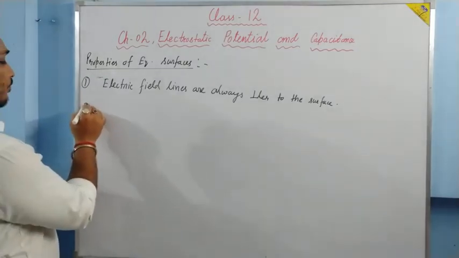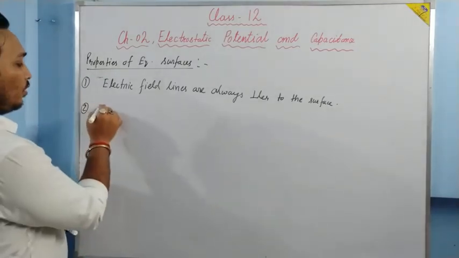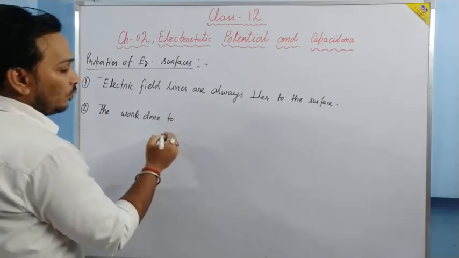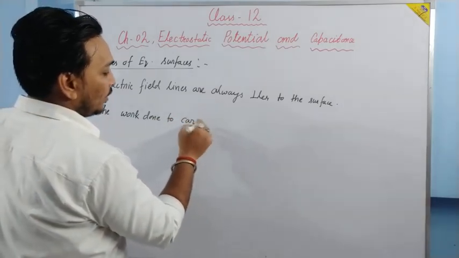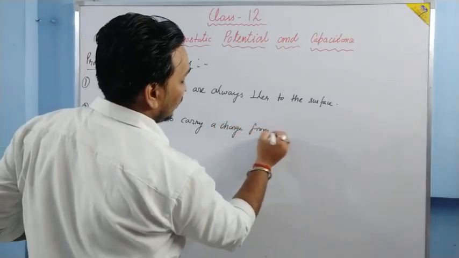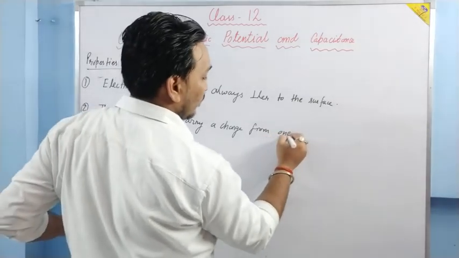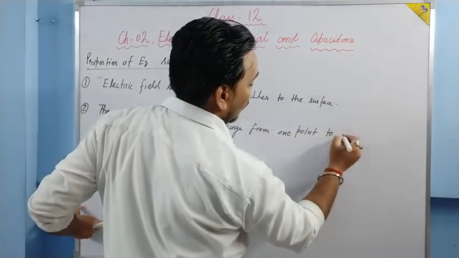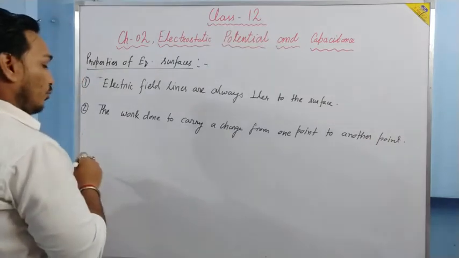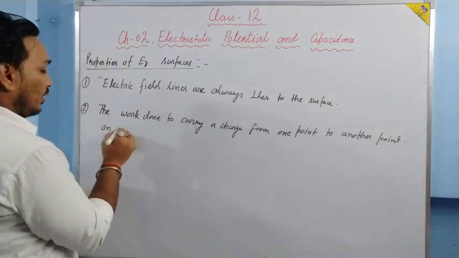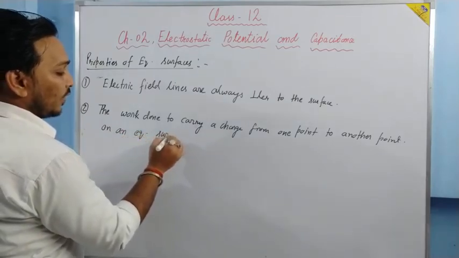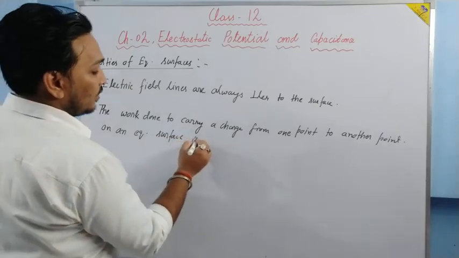The second point is that the work done to carry a charge from one point to another point on an equipotential surface is 0.